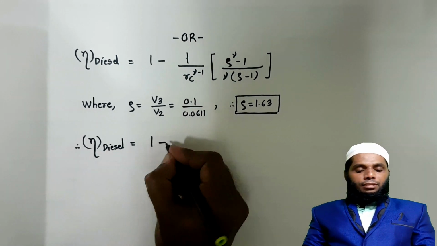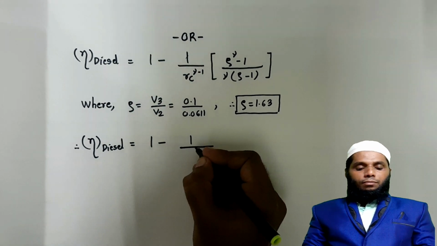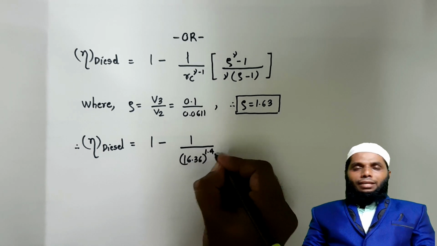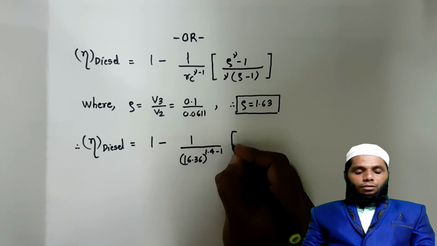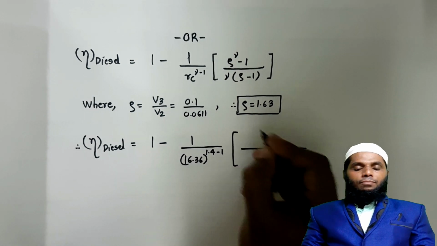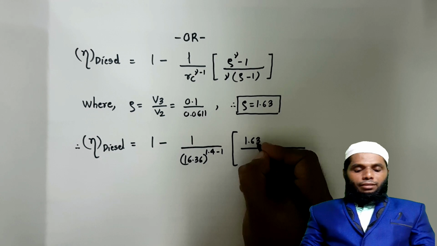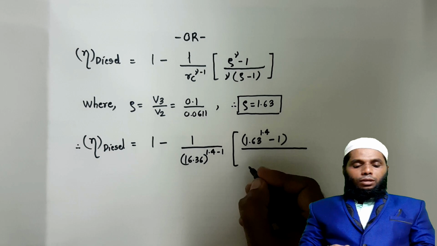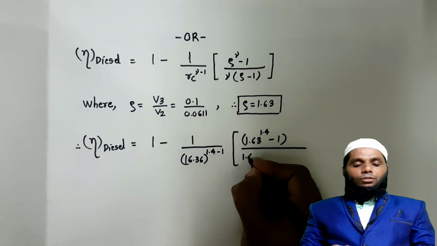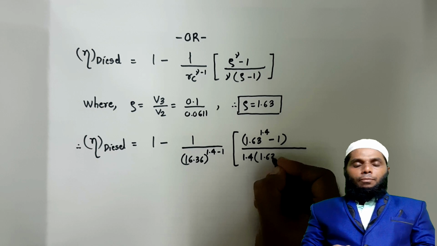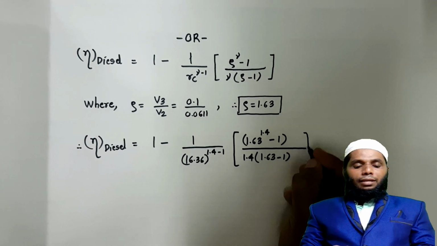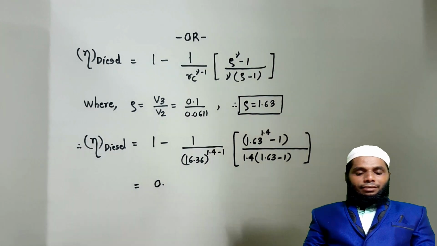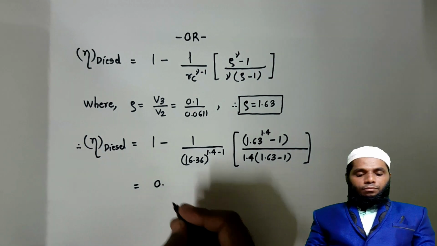So we'll substitute these values. Efficiency of diesel cycle is equal to 1 minus 1 upon compression ratio 16.36 raised to power 1.4 minus 1, then rho value 1.63 raised to power 1.4 minus 1 divided by gamma value 1.4, again rho value 1.63 minus 1.